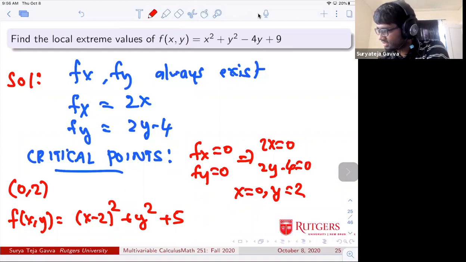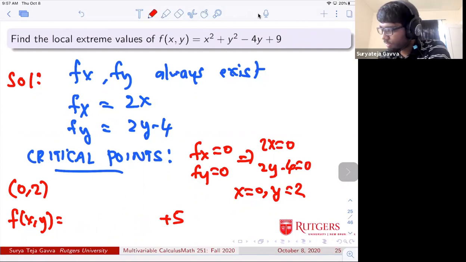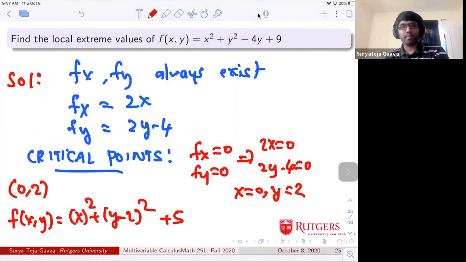Sorry, something is off here. This is x squared plus (y minus 2) whole squared plus 5. This is the same function as before. I just rewrote it by completing the squares, and I got that f of x, y is this. So what can you tell me from that?